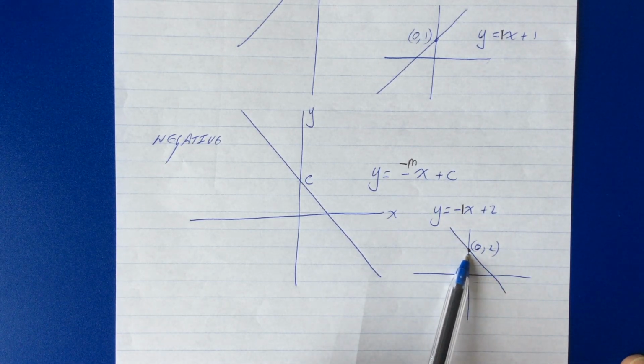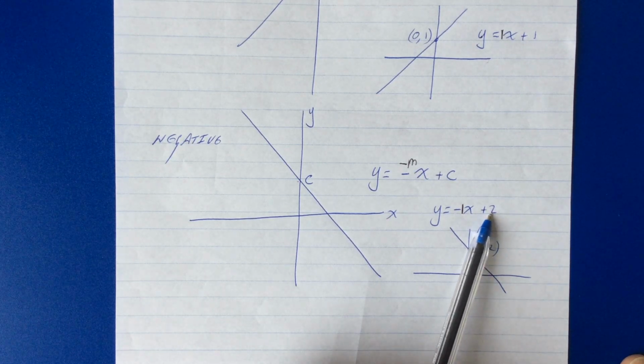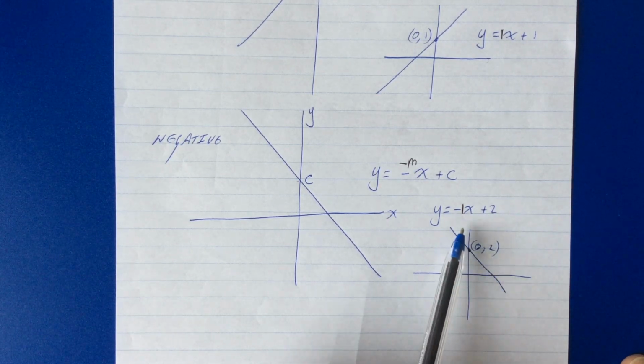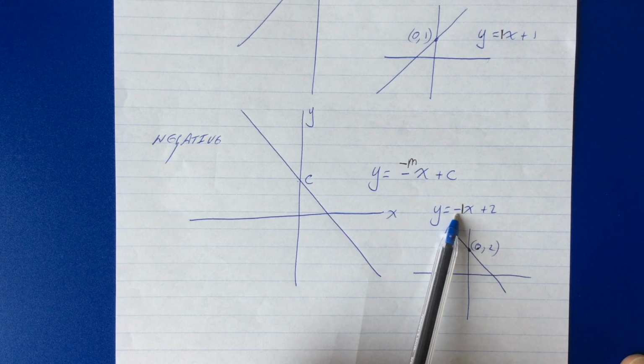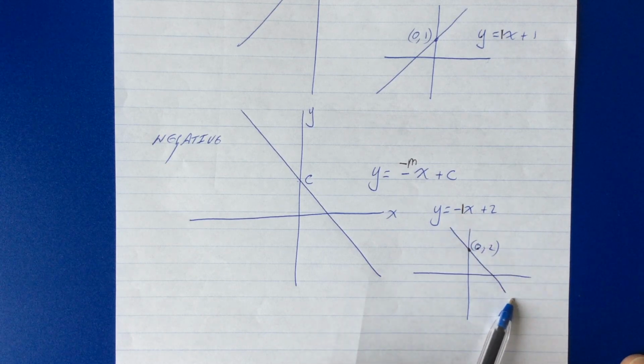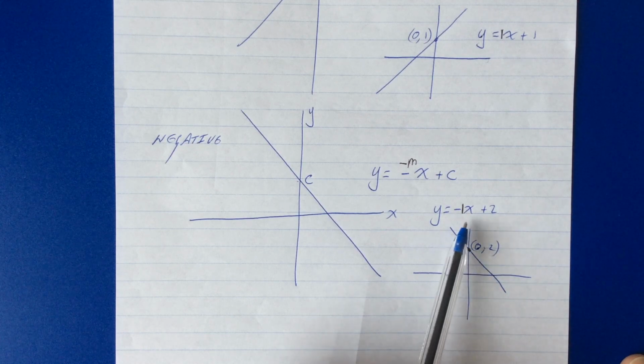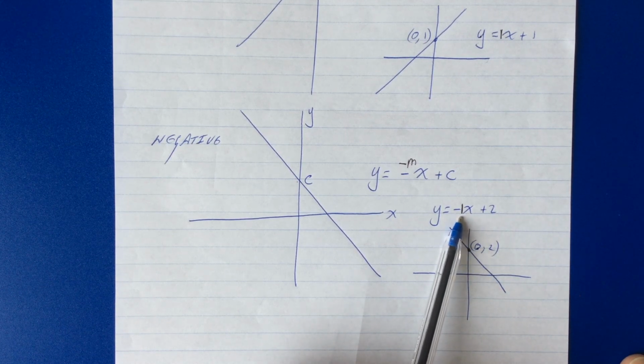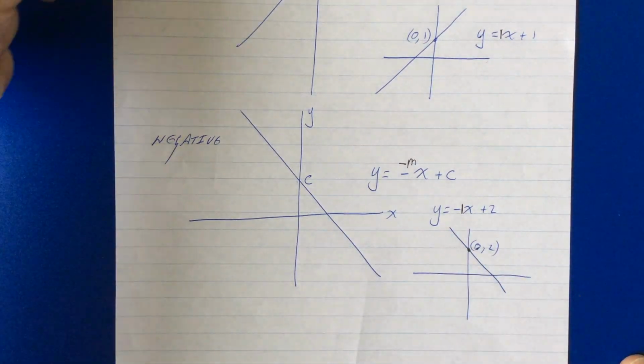It intersects the y-axis at 2, which is why that 2 is there. The thing we're interested in, though, is the gradient. It's negative. Bottom right, top left, and the size of the gradient is 1. The slope is 1.